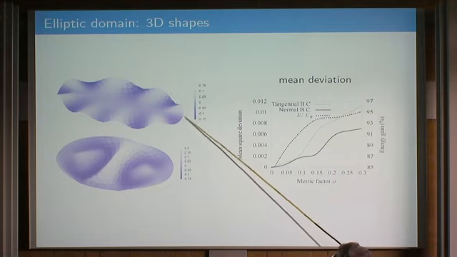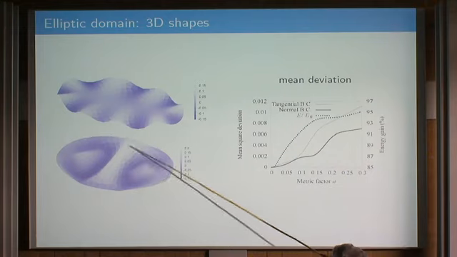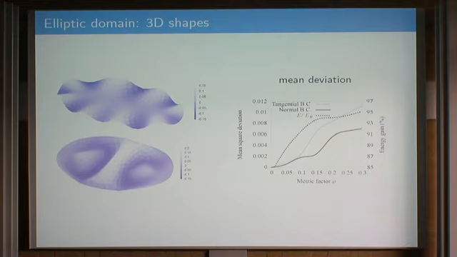Here it extends in this way, and here it extends in this way. But the shape is very complicated, and this shape actually depends on the parameters of the model, on bending rigidity.